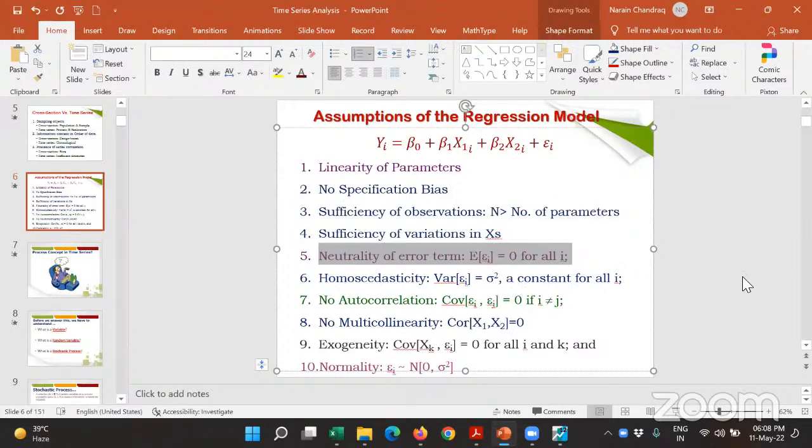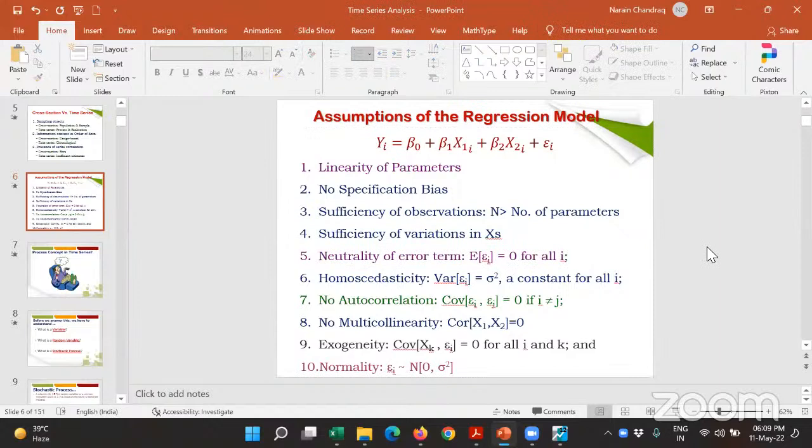If you put a constant in your model, the mean of the error term will necessarily be equal to 0. But if you do not put a constant in your regression equation, if the beta naught has not been there, then there is no way you can ensure that. I'm not saying it's always the case, but it may be possible that the mean of the error term is not exactly equal to 0. So for that purpose as well, always try to have a regression model which has an intercept.